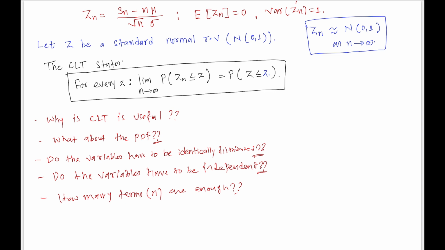Coming to the next question: the central limit theorem says that for a large value of n, this CDF converges to the normal CDF. Let me say the question this way: can we apply the central limit theorem if we have an n that is moderate?